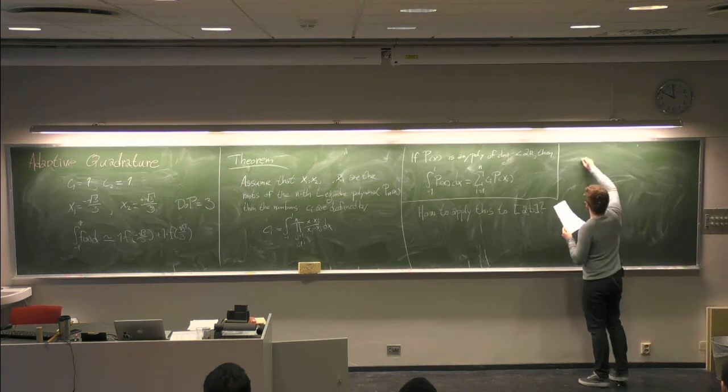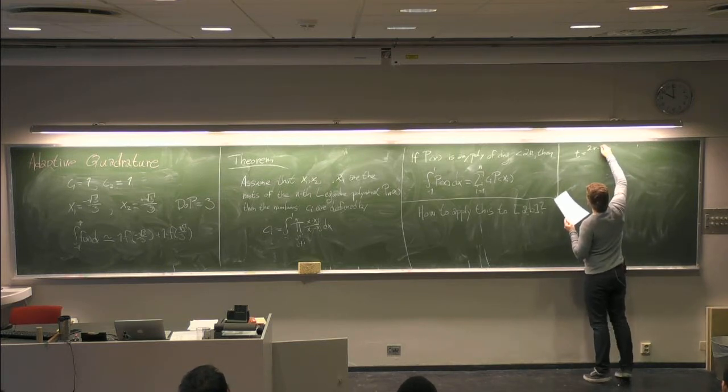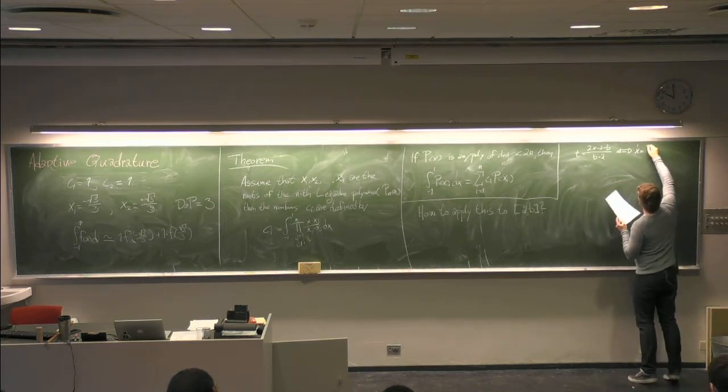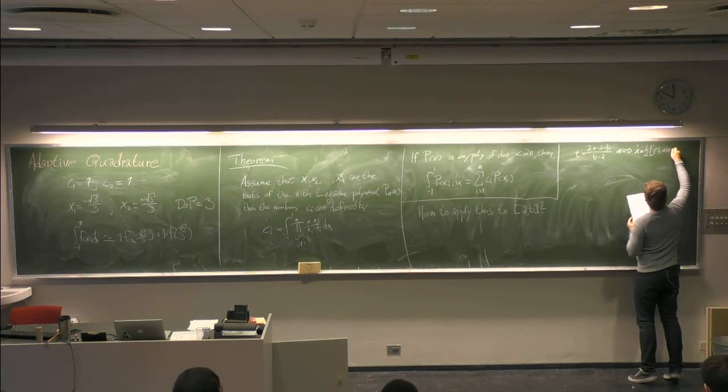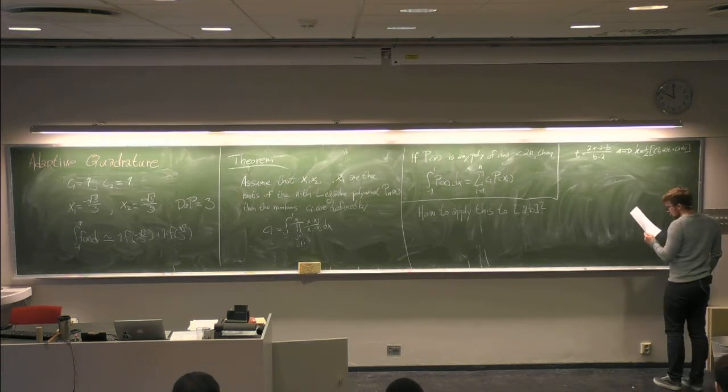So we introduce a t, which is (2x minus a minus b) over (b minus a), or equivalently that x equals a half of ((b minus a) t plus a plus b), like so.